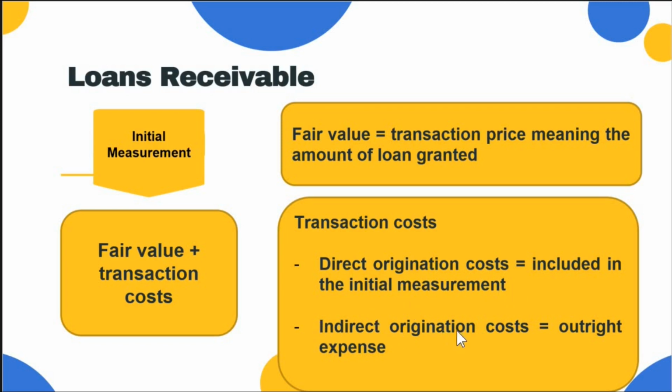Now, pag meron namang indirect origination cost, so hindi mo siya ma-trace directly sa isang loan, to a particular loan, then such indirect origination cost will be expensed outright. So, hindi na siya kasama doon sa initial measurement ng loans receivable kasi nga indirect na siya. No? So, you cannot directly attribute it to a certain loan.